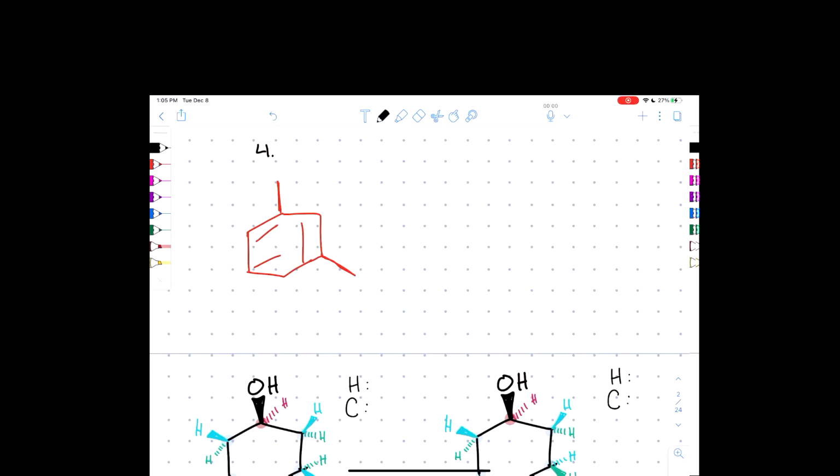Yes, exactly. So we have symmetry right down the middle here. And so we know that this carbon and this carbon are exactly the same. So all 6 of those hydrogens are going to be under the same signal. So we'll call this signal number 1. And it is a 6H signal because the integration is 6.